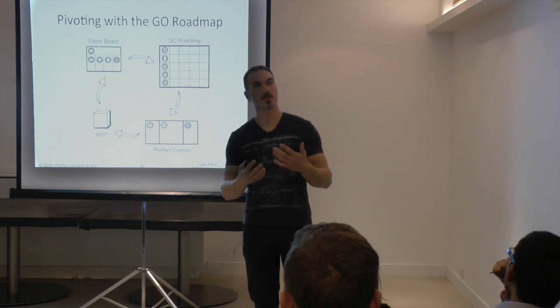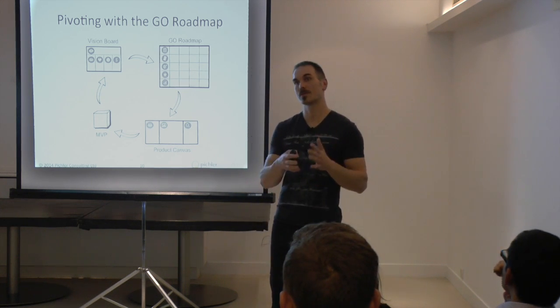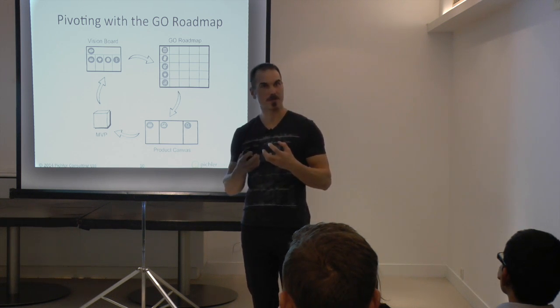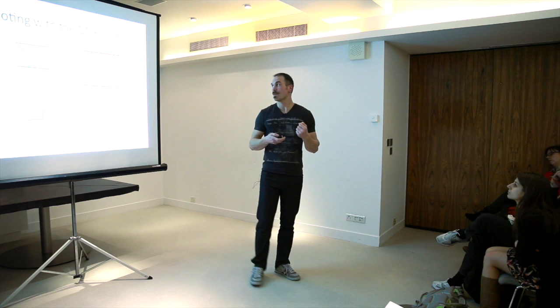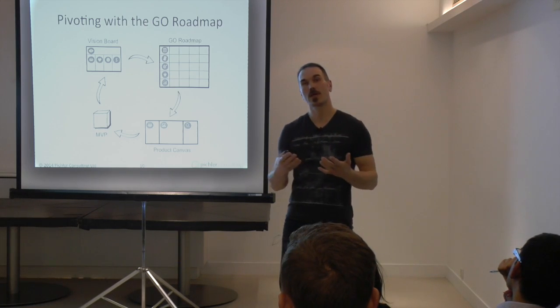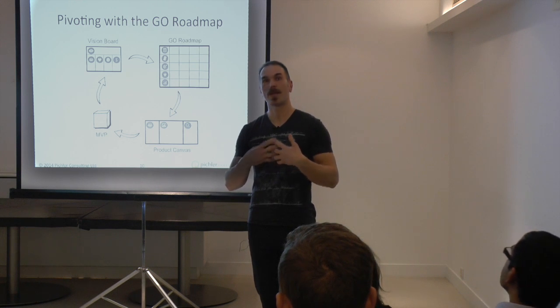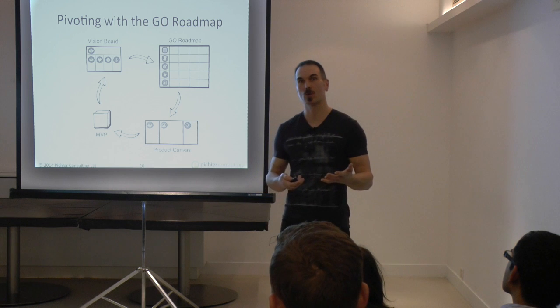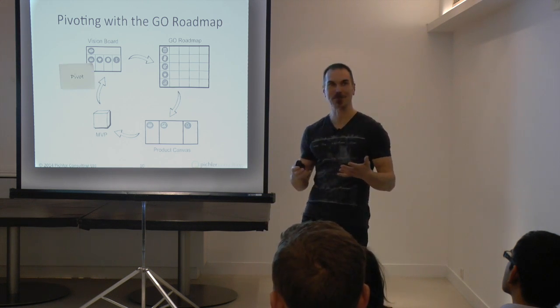Well, either we're targeting the wrong market, or we're addressing the wrong problem, or the product is just not quite right. So whatever it is, it means that the way we've envisioned our product, planned things out, and put down our strategy, it's wrong. So we've got to do something about it, and we've got to pivot.